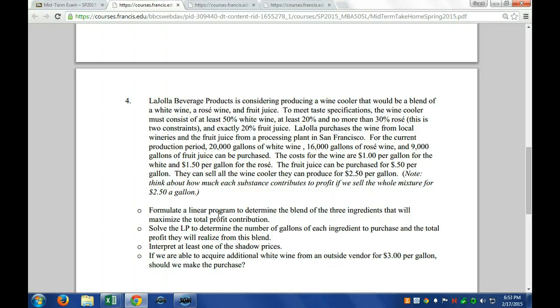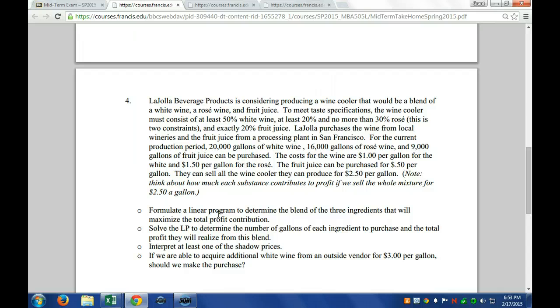So every gallon of fruit juice I used, which gets all mixed in there, how much did each gallon contribute to my profit? If I paid 50 cents for it, but when it gets all mixed in, I charge $2.50 per gallon, how much did I make for every gallon of fruit juice? $2.50 was the charge, cost 50 cents going in, $2.